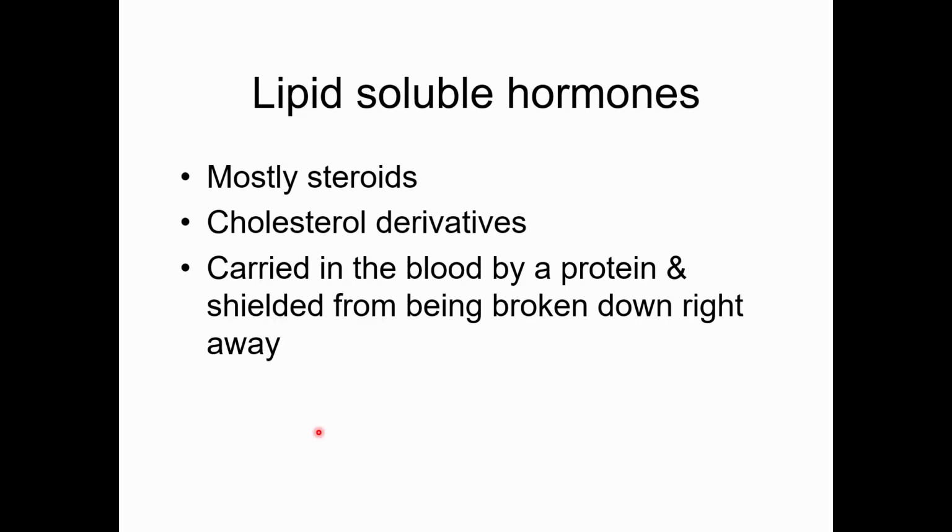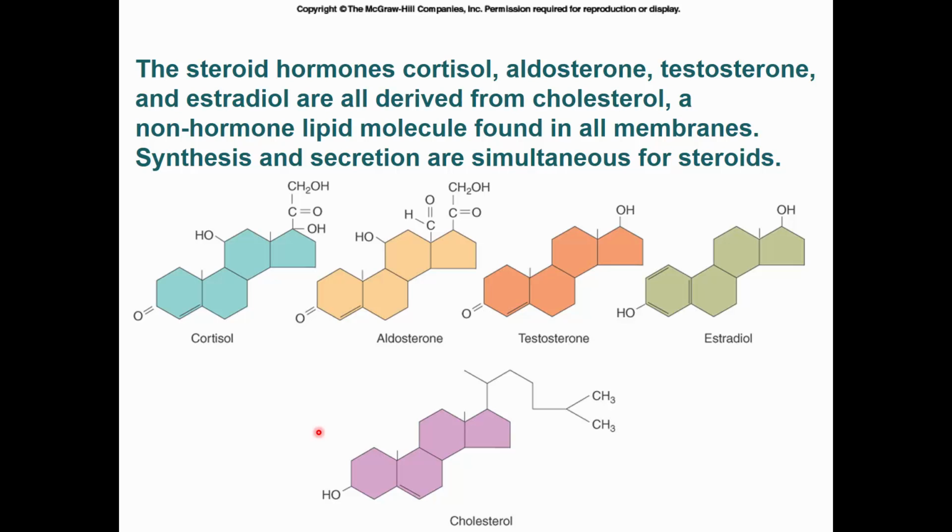They're not very water soluble. So they rely on a carrier protein that carries it through the blood. And the interesting thing about the carrier protein is that that protein protects the steroid from being broken down rapidly. And therefore, lipid-soluble hormones such as steroids tend to have longer half-lives.